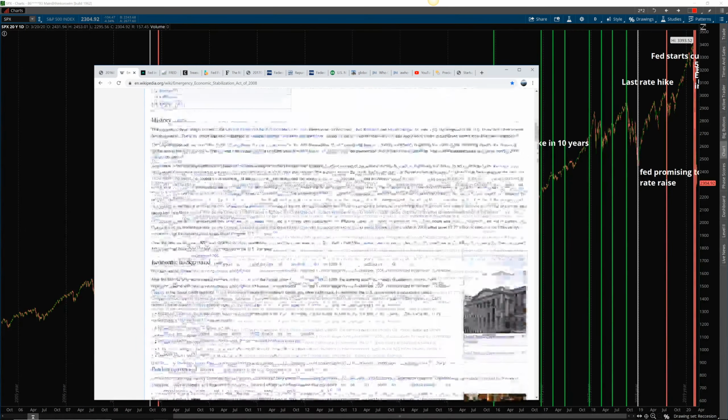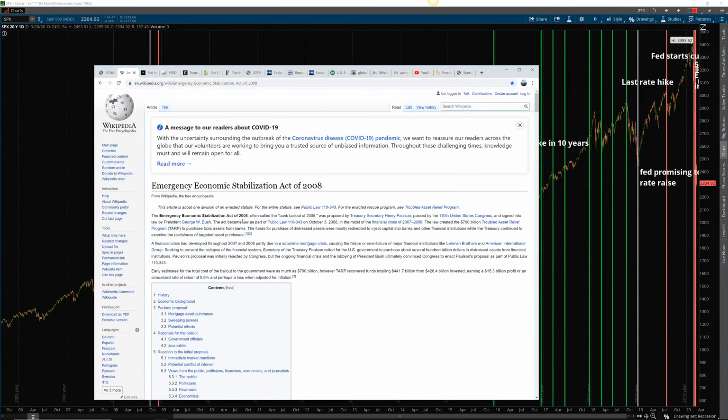If you look at the bailout of 2008, we are about to see something similar that's actually going to make this look like a walk in the park.